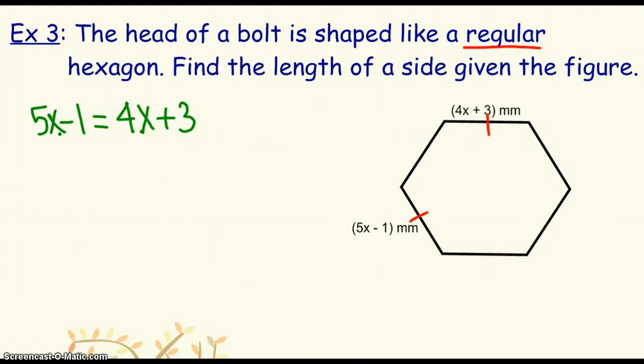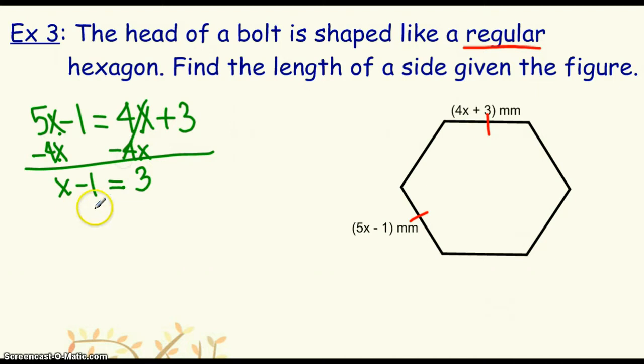So we're going to get the x's on one side. So we're going to subtract 4x. So x minus 1 equals 3. And we're going to get all of our integers on the other side. So we're going to add 1 to get x by itself. So x equals 4.